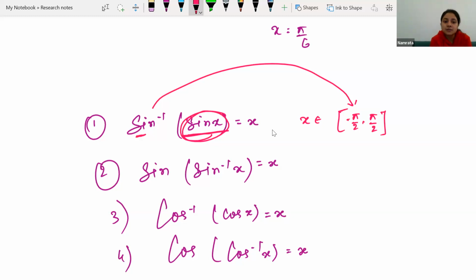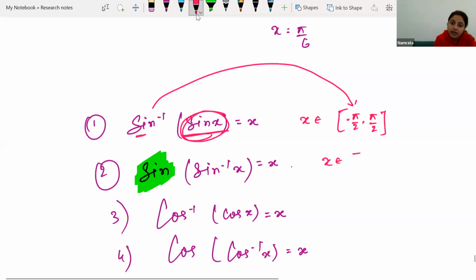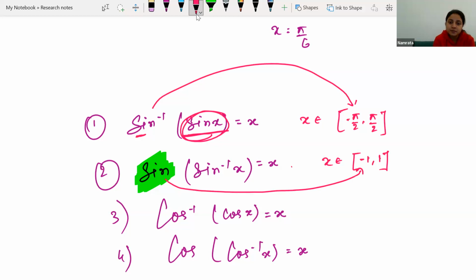For the next one, sine of sine inverse x, here we will think about the sine function. The range of the sine function is minus 1 to 1. So here the x value will lie in this range only, minus 1 to 1, because this is the range of the sine function.